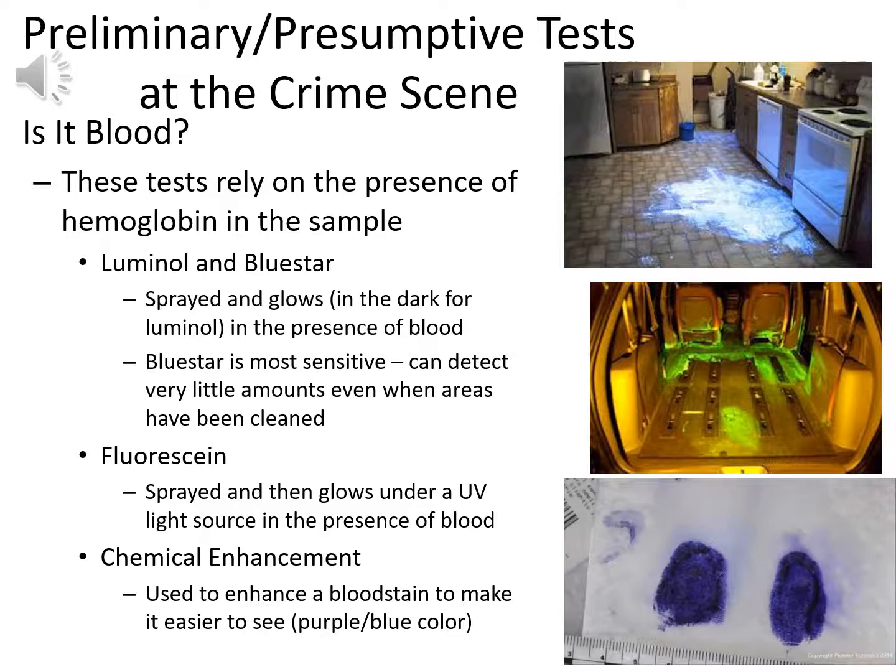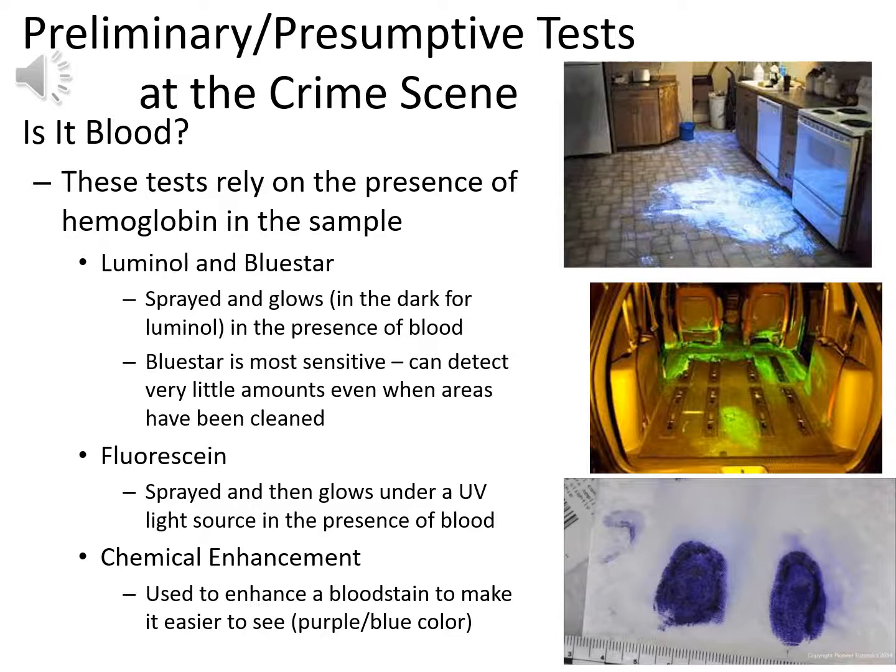So most suspects, if they know what they're doing and are trying to cover their tracks, have attempted to clean up after themselves. Blue star, if you spray a room, you're likely to find the presence of very small amounts of blood. Even if the person has done a decent job of cleaning up, they likely haven't gotten quite all of it, and blue star is sensitive enough to find it. Fluorescein's another test.